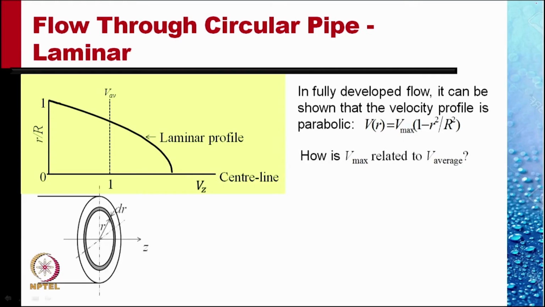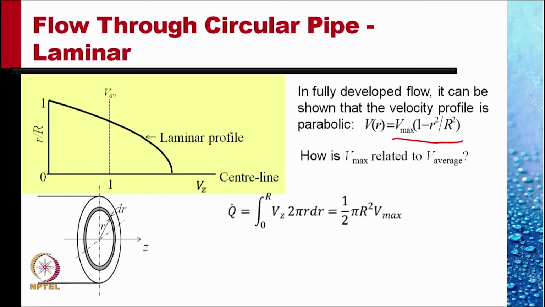The process is that we consider a ring of thickness dr at radius r. The velocity there is given by the formula given here, V max into 1 minus r square by R square, and so we can set up integration.